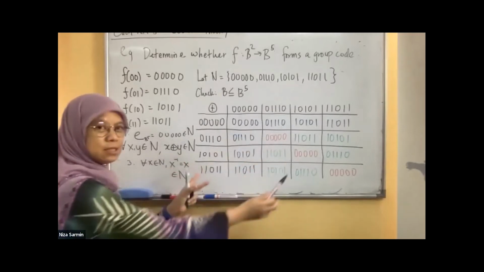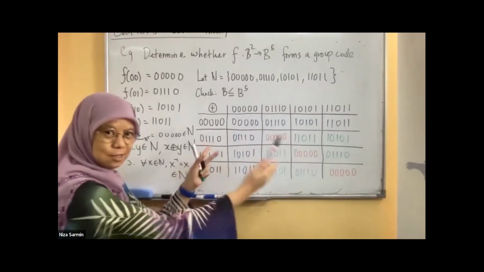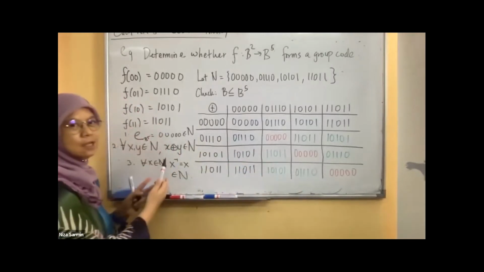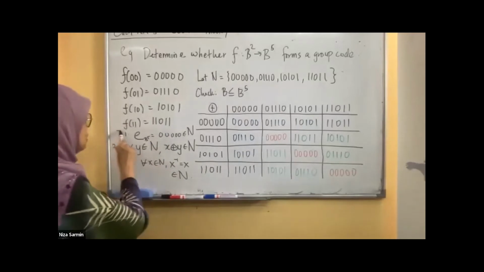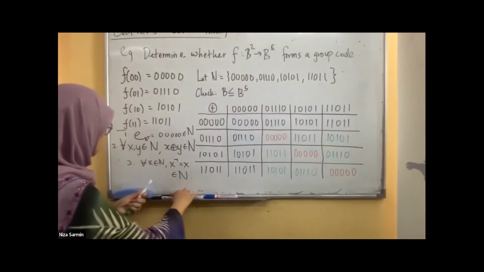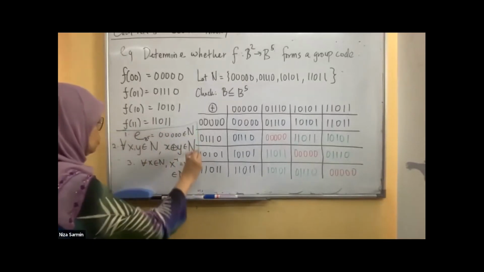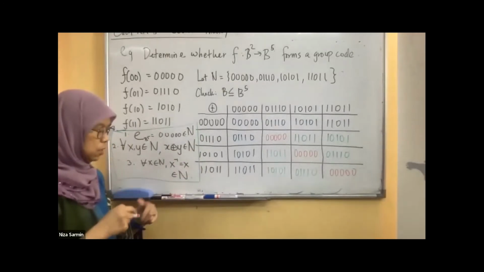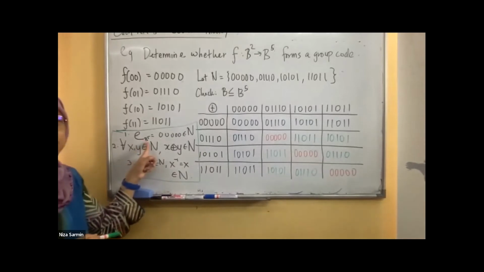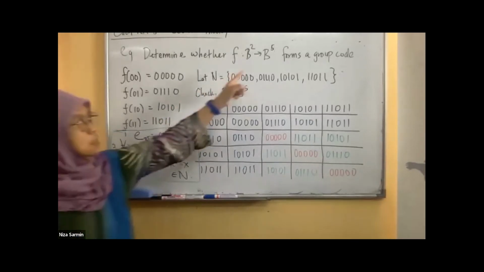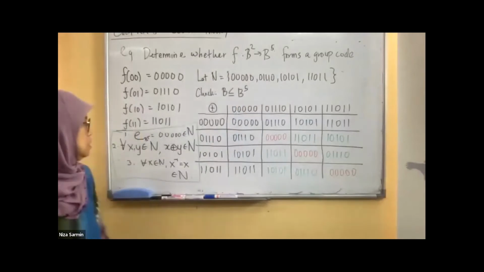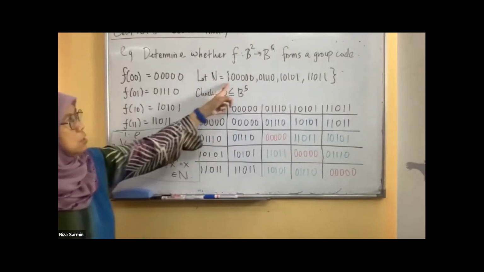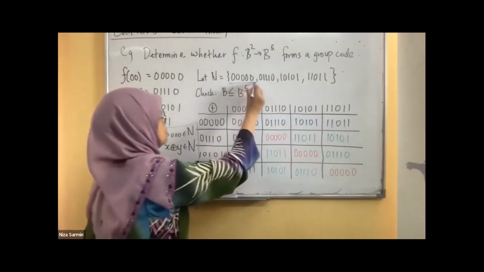So once your Cayley table is done, the reasoning is always this in general. The first one is that the identity, according to the question, which is 0, 0, 0, 0, is in N, because you can easily see that this is the identity.